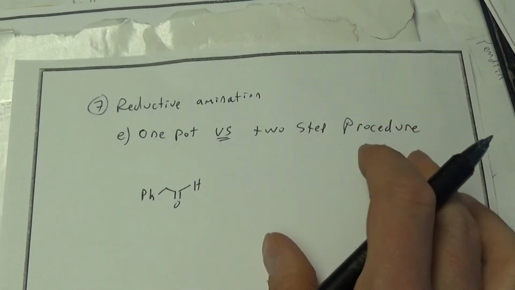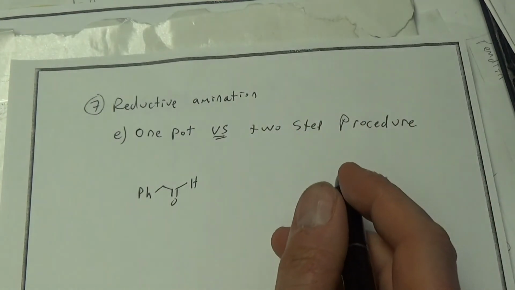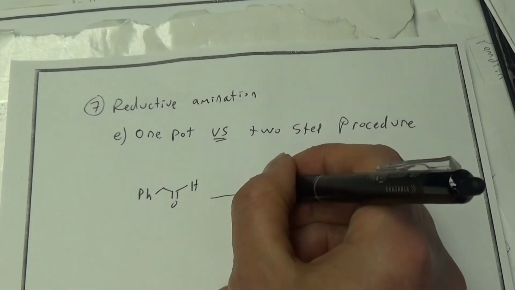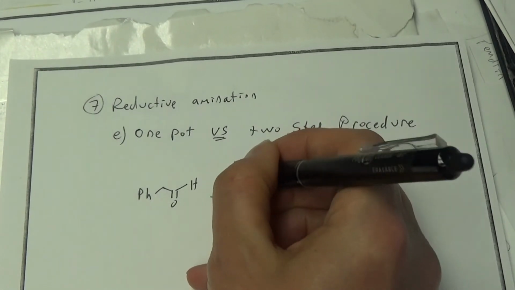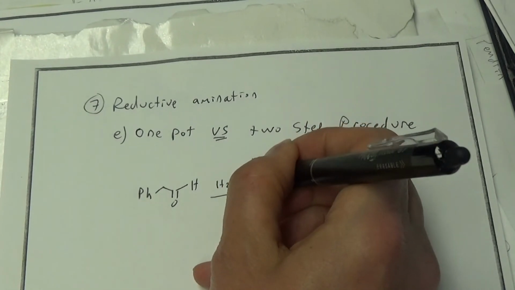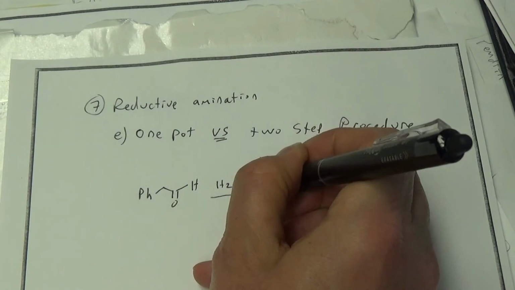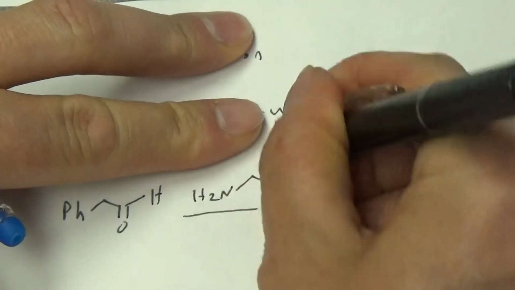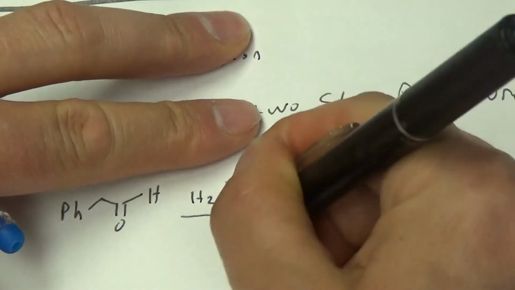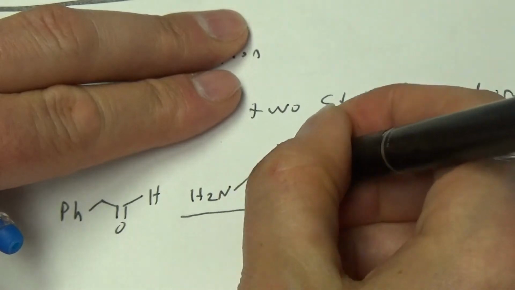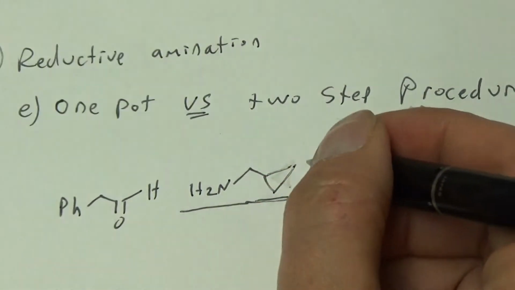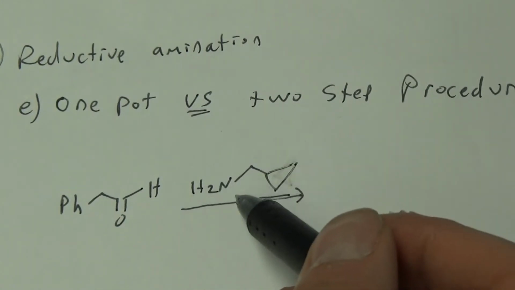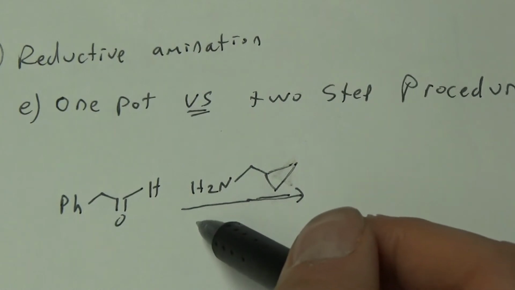Here's an aldehyde. Okay, so of course we can do reductive amination with ketones. We can do it with aldehydes. Let's use an amine, H2N, with a cyclopropyl. It's kind of exciting. Different molecule. Let's draw that a little better. Oh, there we go. And so we can either make the imine and then reduce it, as a procedural step, or we can do it all at the same time.